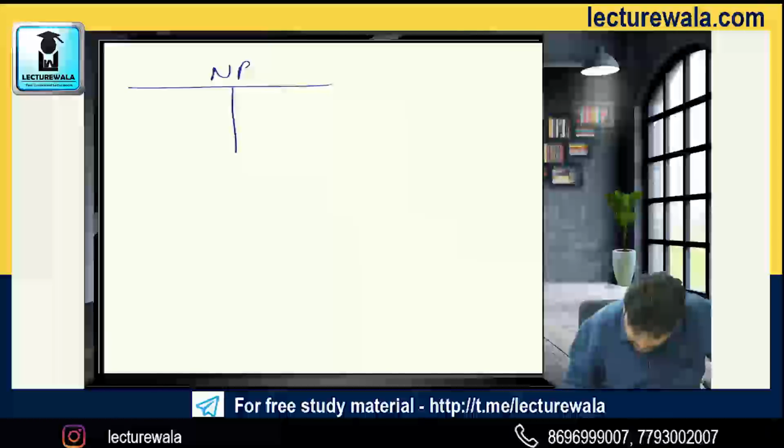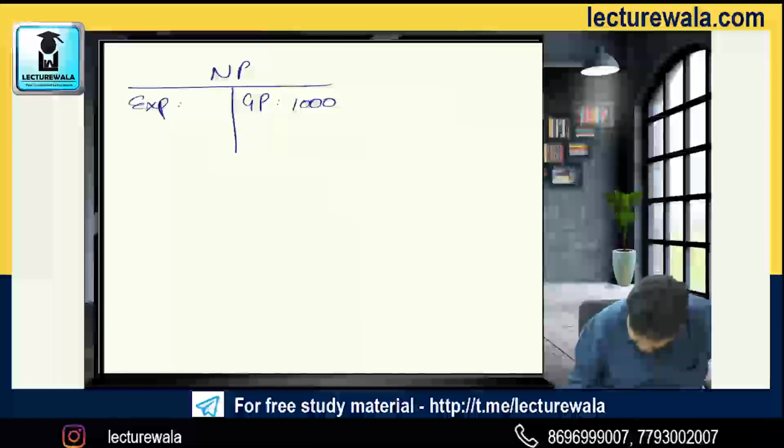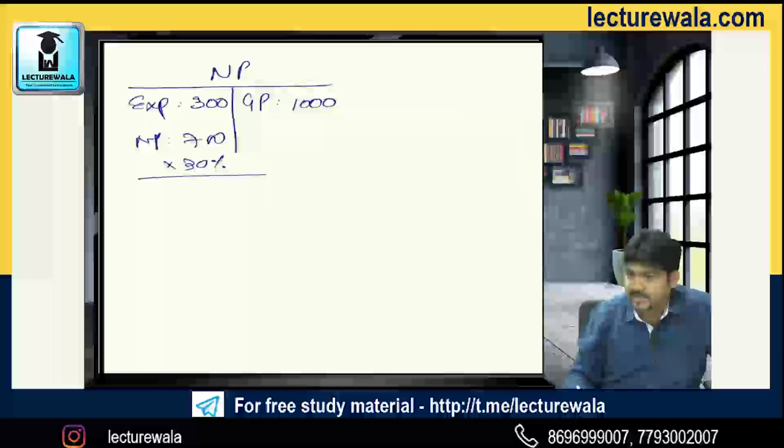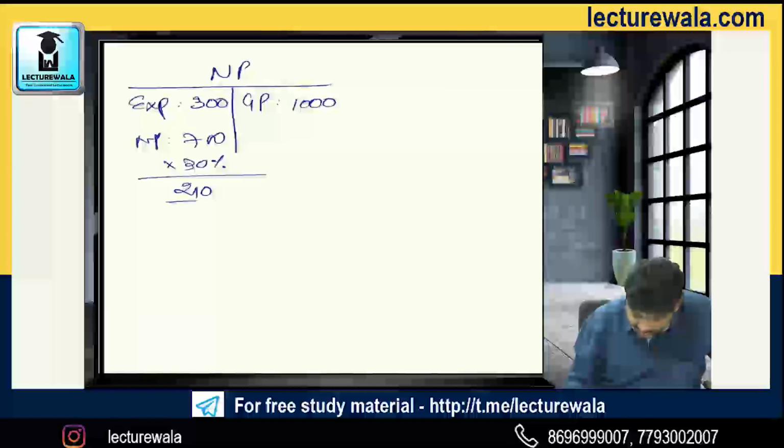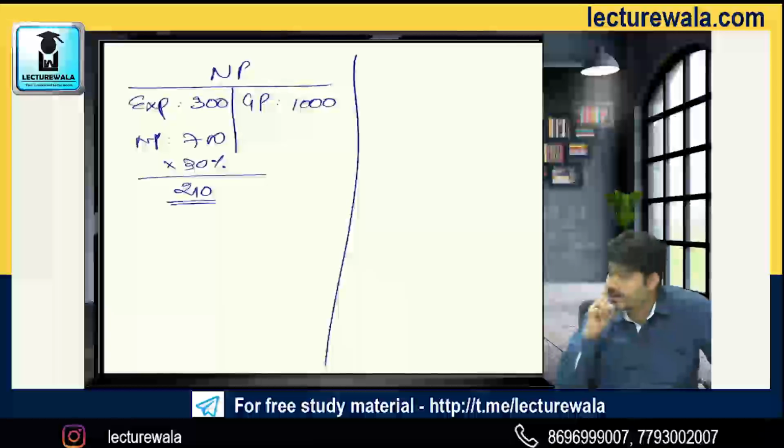Pay attention here. Suppose I am making a gross profit of say 1,000 and there is an expense of say 300. So net profit is how much? 700 into 30%, let's assume tax rate 30%. So how much will it be? 210 we will have to pay. Correct?